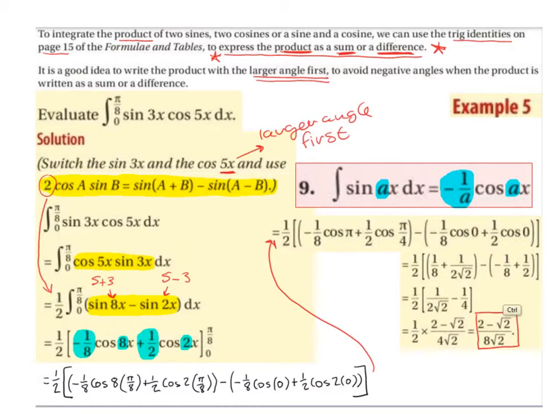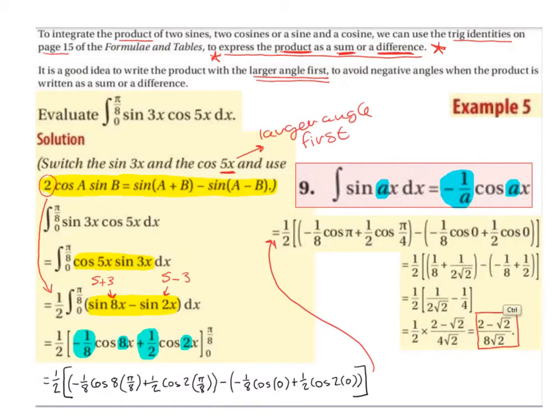The reason for that is, if we have 2 cos A sine B, and we want cos A sine B without the 2, then technically what we have to do is divide by 2 to get rid of that 2. And if we divide by 2 on the left of the equal sign, we'd have to divide by 2 on the right of the equal sign. And dividing by 2 is the same thing as multiplying by a half. So you'd really be multiplying all of this by a half. So that's why the half gets stuck outside the integral, because it's a constant.